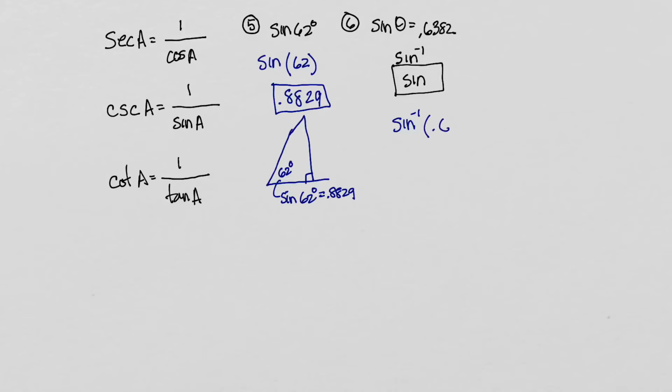Then you put in 0.6382, and when you do that, I'm getting 39.65, and the book is telling us to round this off to 1 decimal place, so that's a 5, so we'll go up. So how about 39.7 degrees?